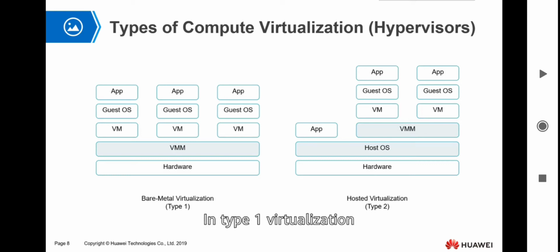In type 1 virtualization, hardware resources can be called directly without an underlying host OS. Or, in the type 1 virtual solution, the hypervisor itself is both a host OS and a VMM.